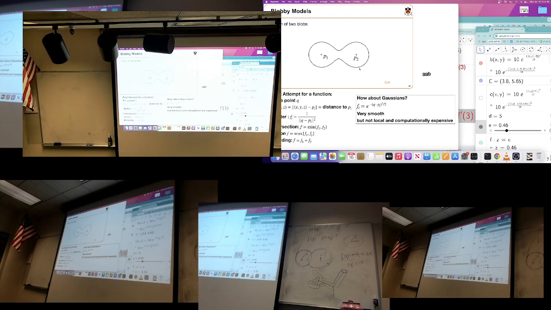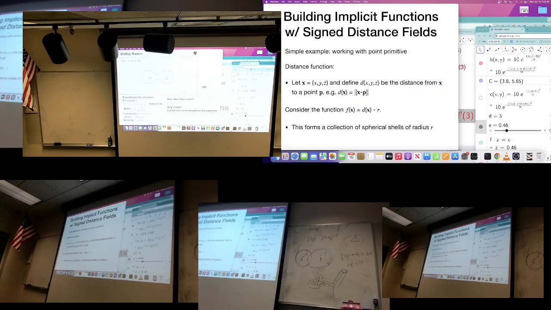That is nice and pleasing geometrically, but is overkill in terms of the computation power. Okay, so we define the distance, just repeating in this slide. Consider the function f of x is the distance minus r, that is the first option, and then we improved it by having 1 over the distance, or 1 over the distance square.